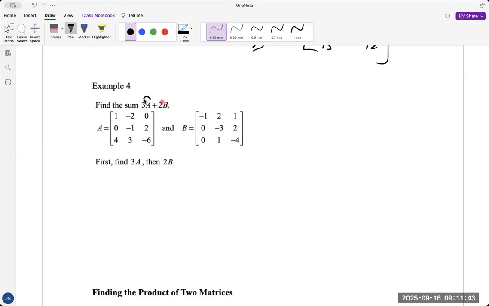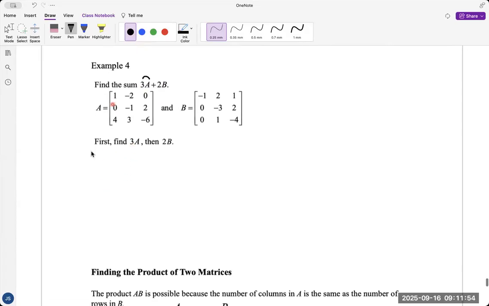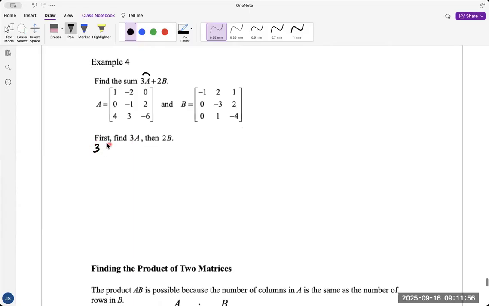We have to follow order of operations here, so we would be doing the multiplication first. So first I find 3 of A. That's going to be 3 times A. So 3 times 1 is 3. 3 times 0 is 0. 3 times 4 is 12. 3 times negative 2 is negative 6. 3 times negative 1 is negative 3. 3 times 3 is 9.